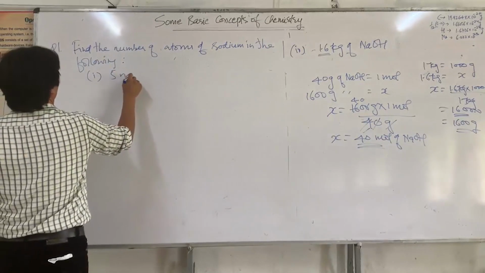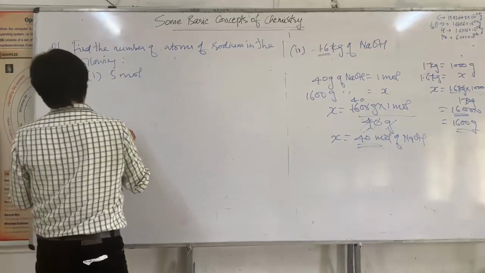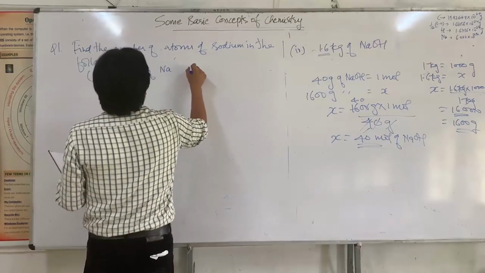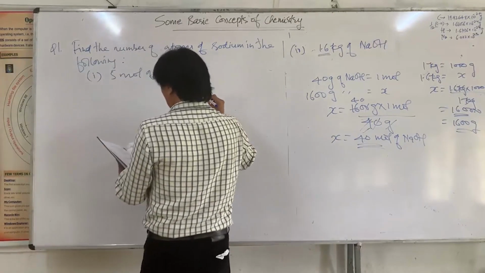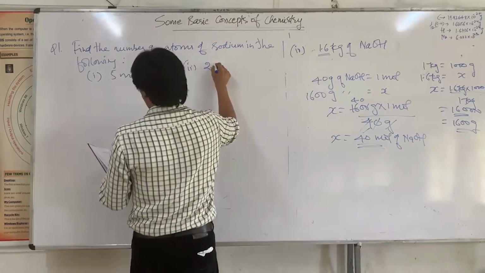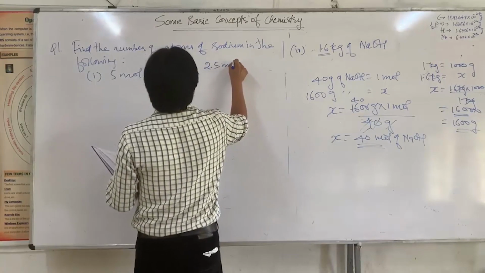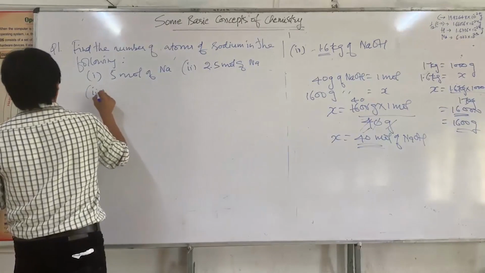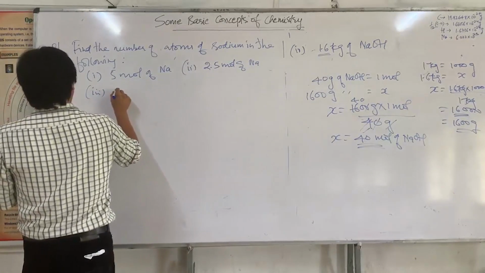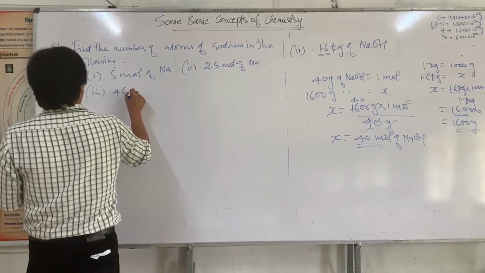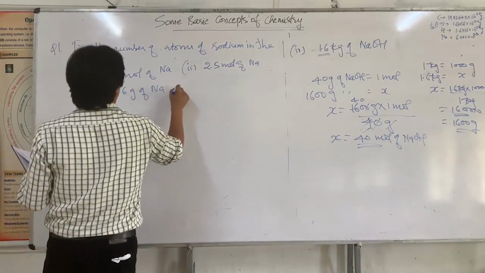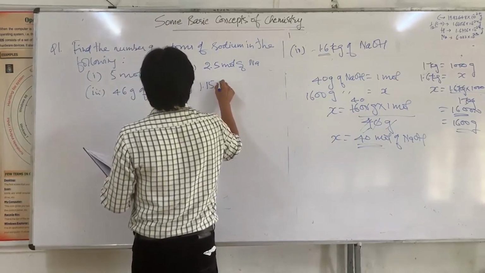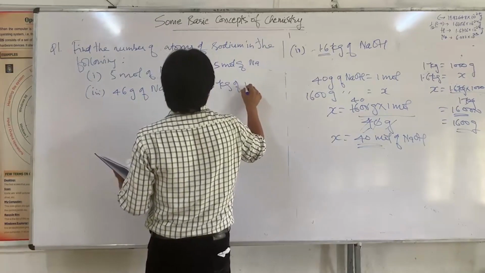You have 5 moles of sodium, the second one 2.5 moles of sodium, the third one 46 grams of sodium, and the fourth one 1.15 kg of sodium.